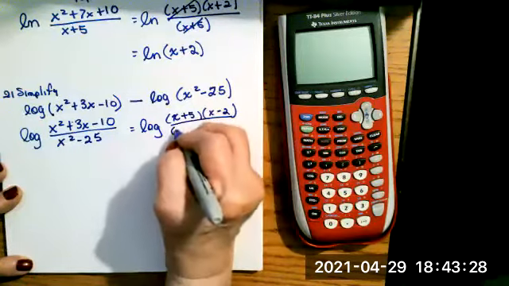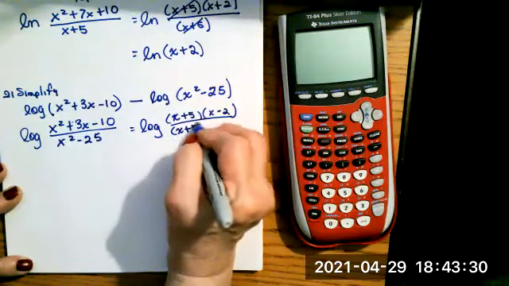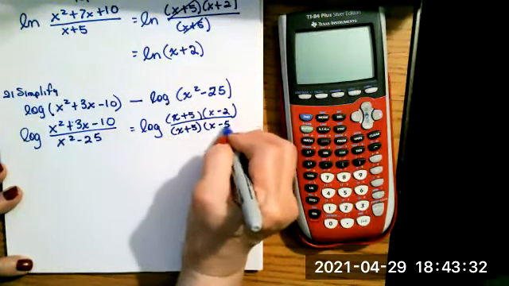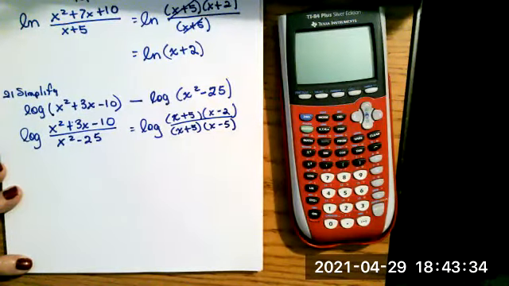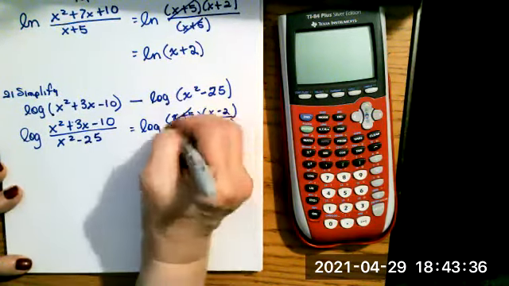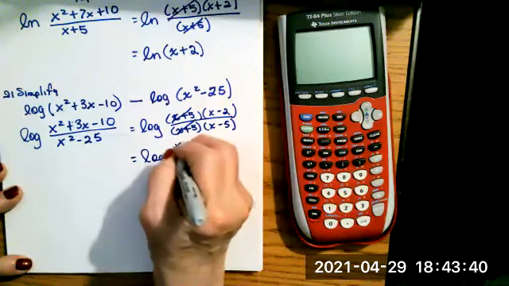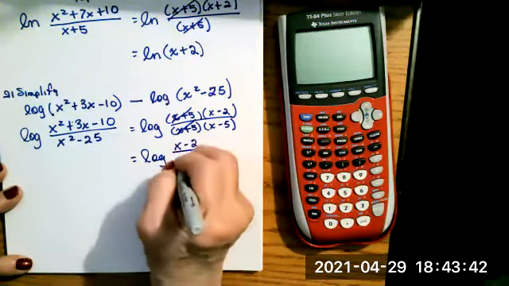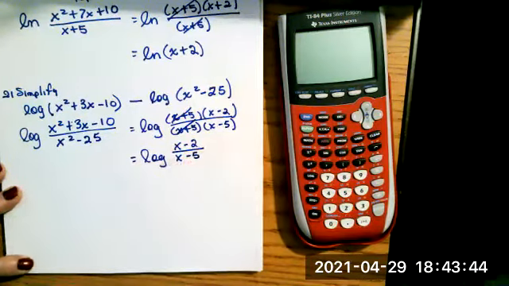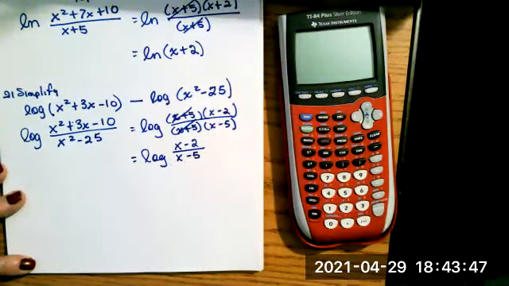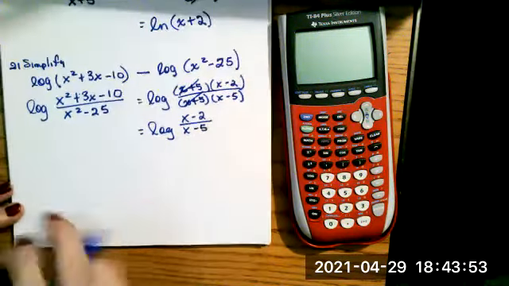And on the bottom, that difference of perfect squares will factor into x plus 5, x minus 5. Then my two x plus 5s will cancel, so I'll have x minus 2 in the top and x minus 5 in the bottom.